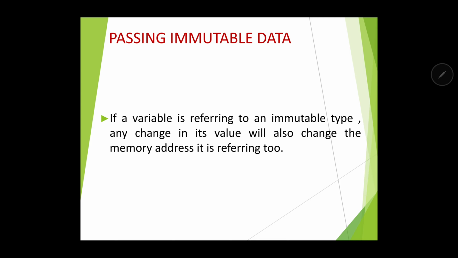So if we pass an immutable type like an integer through a function, and any change in value occurs within the function definition, then it will also change the memory address. And what will happen if the memory address changes? The changes will not be reflected back to the main function. It will be clear when we discuss it with the help of a code.